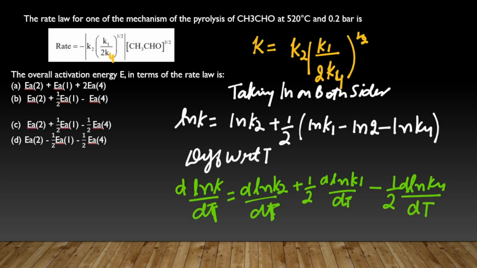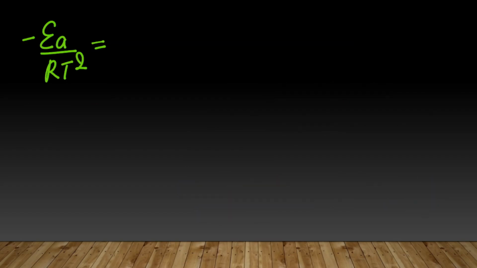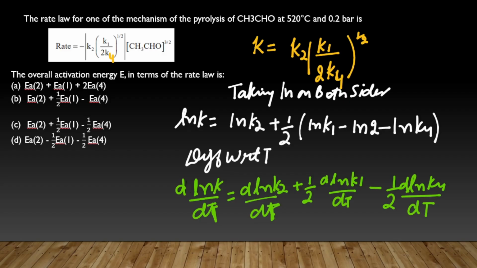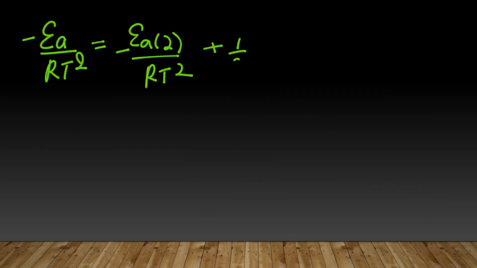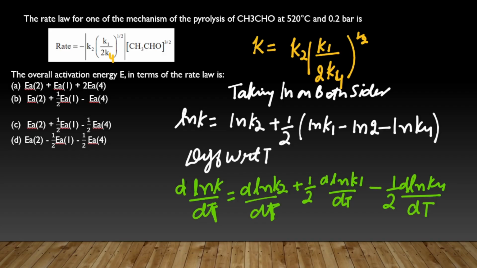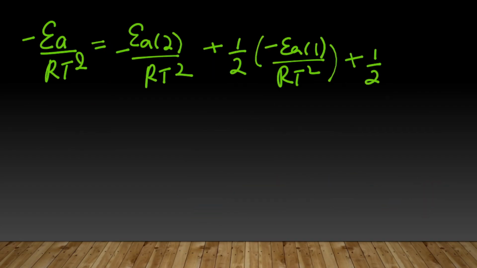Now we know that d ln k by dT is equal to minus Ea upon RT square. So this is for the overall one. This is equal to, now d ln k2 by dT will be activation energy 2 upon RT square, with a negative sign. Next, plus half of minus Ea1 upon RT square, and plus 1 by 2 Ea4 upon RT square.